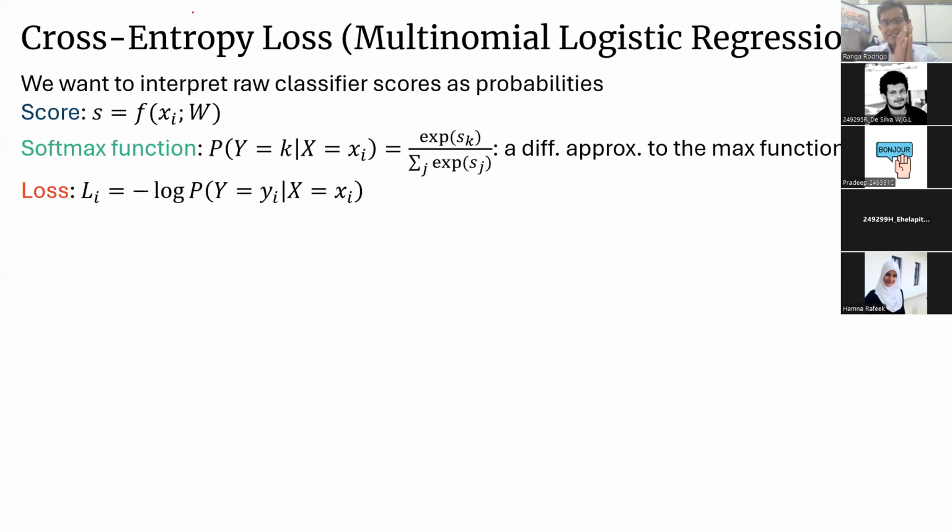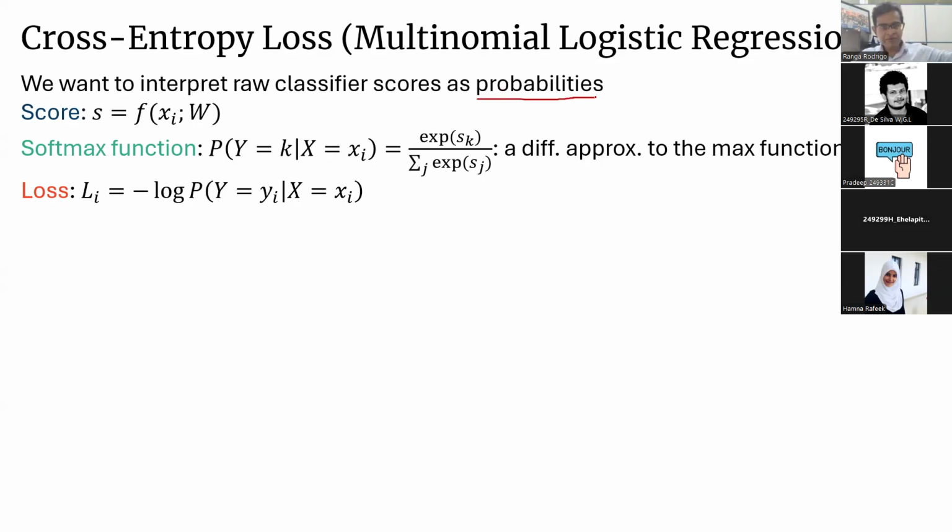Okay, now let's see two ways you can compute this loss. This is important. We want to interpret raw classifier scores as probabilities. This probability point of view is extremely important. We want to convert them to probabilities.